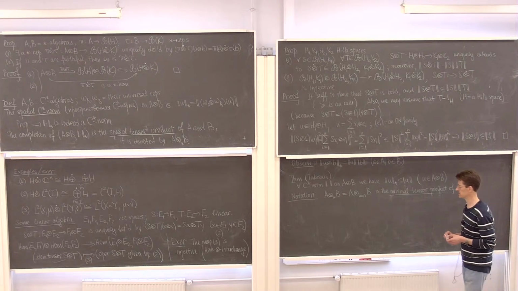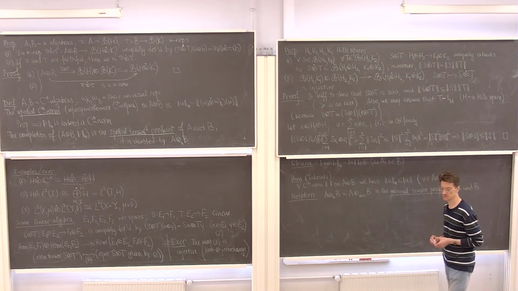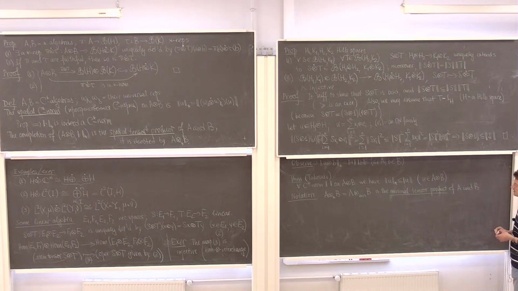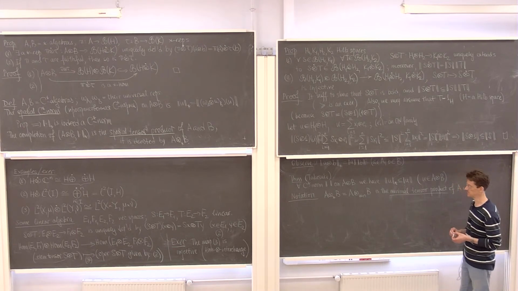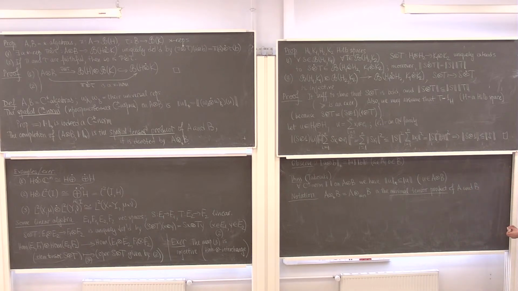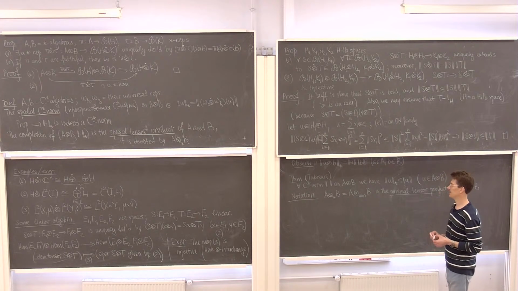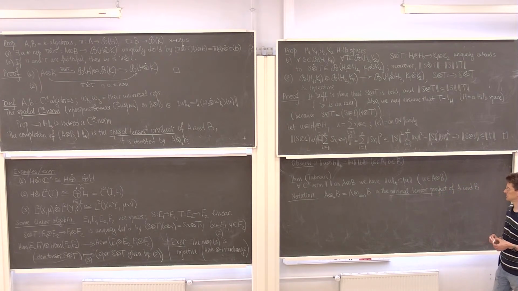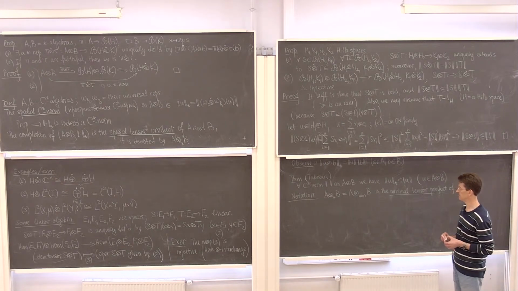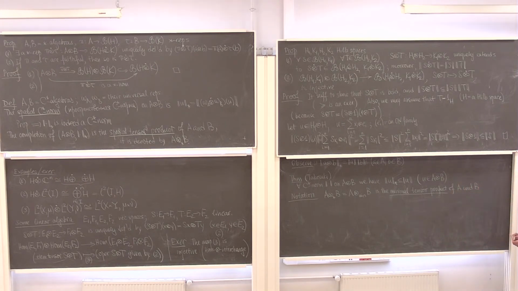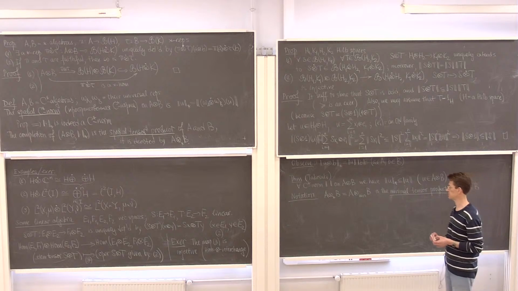In particular, there is another functorial norm, the so-called maximal C-star tensor norm, and in the general case, it is strictly bigger than the minimal C-star tensor norm. But on the other hand, if one of the algebras is good enough, belongs to the class of the so-called nuclear C-star algebras, then the tensor products are the same. But this will be discussed maybe at the end of the next lecture.